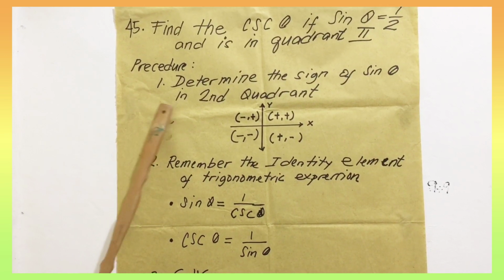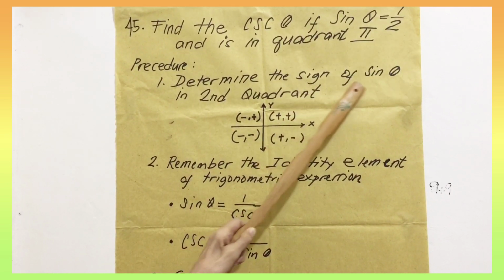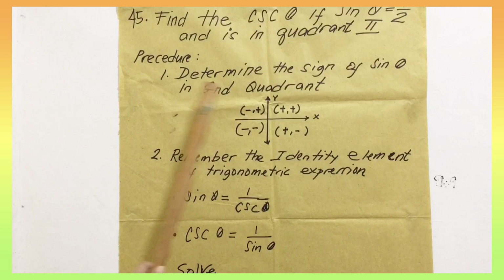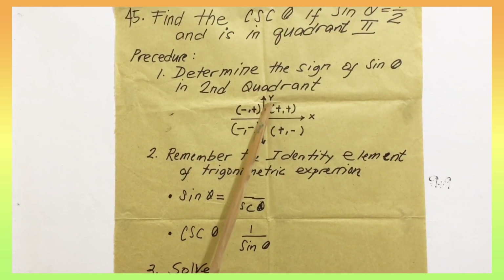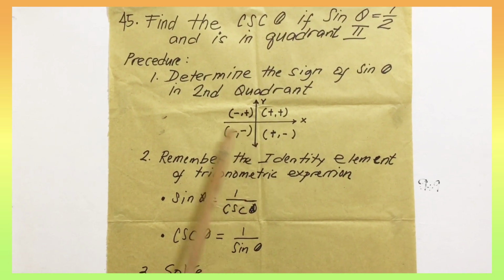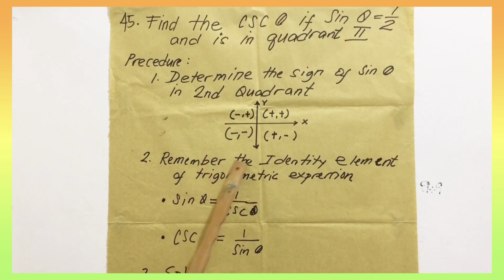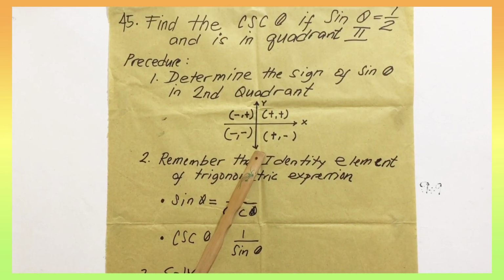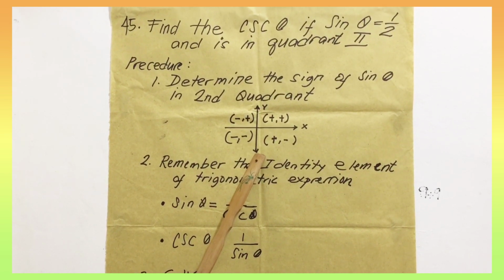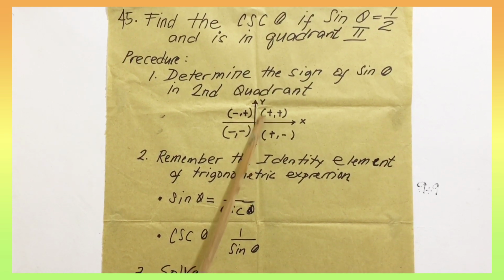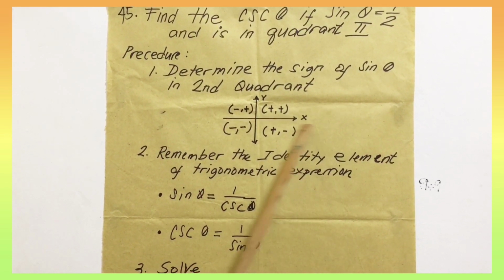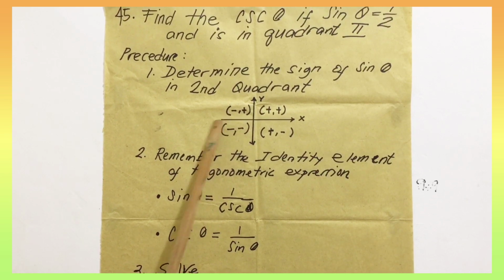Our procedure: first, determine the sign of sine theta in the second quadrant. So here, this is the Cartesian plane. This line here is called the y-axis, and this is the x-axis. I forgot the arrow here.